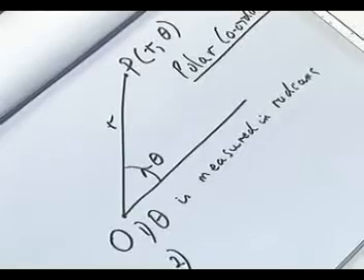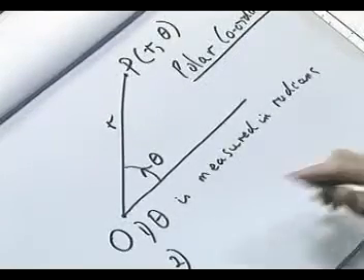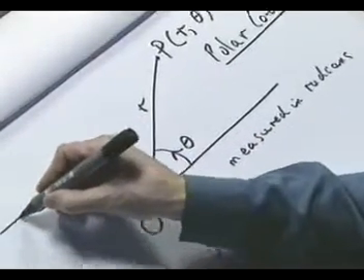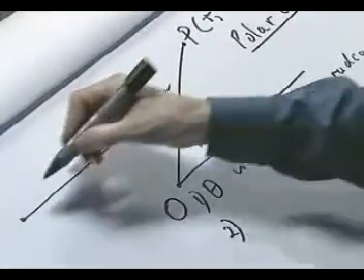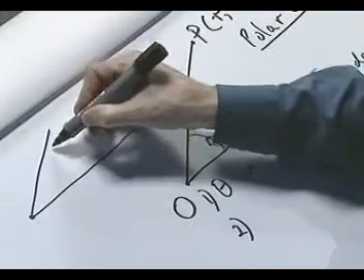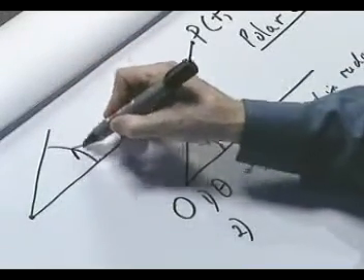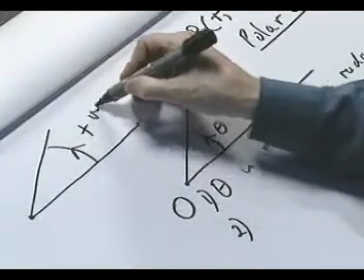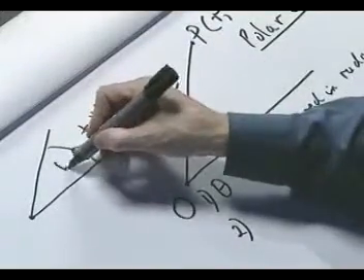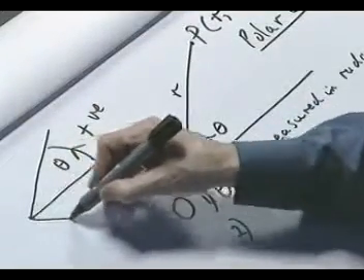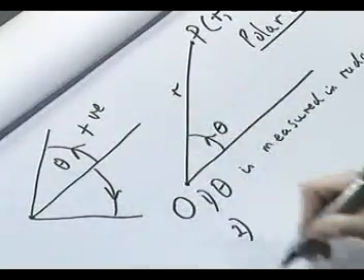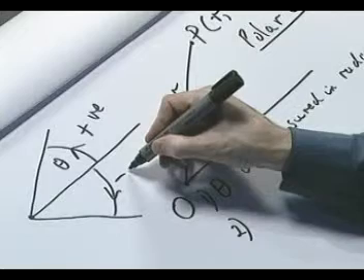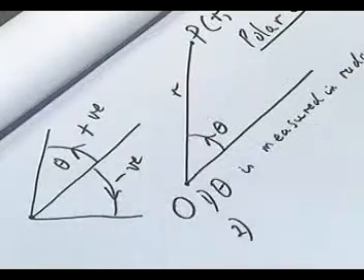Second convention. Well, our second convention is this, that if this is our initial line and this is our pole, then we measure theta positive when we go round in that direction, anti-clockwise, and we measure theta negative when we go around in that direction, which is clockwise.